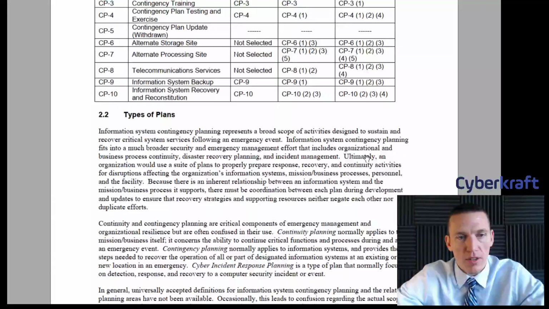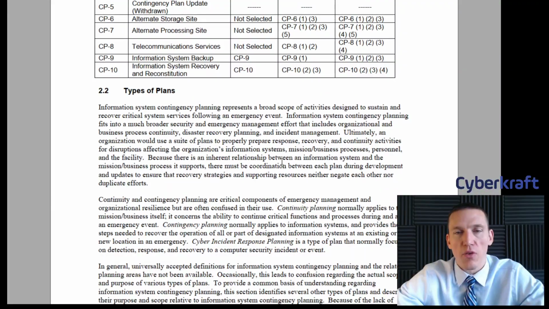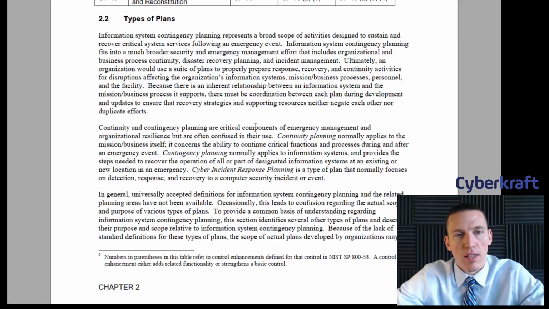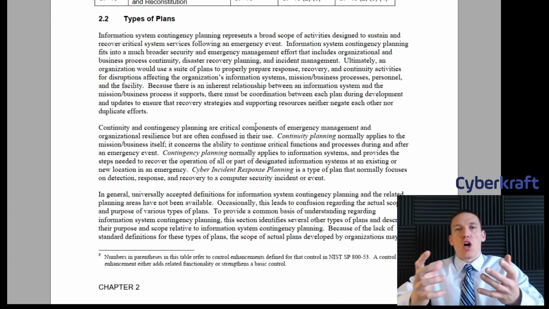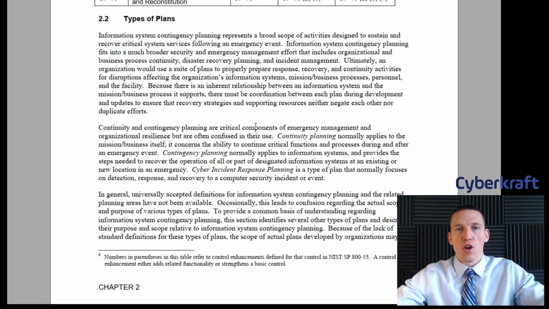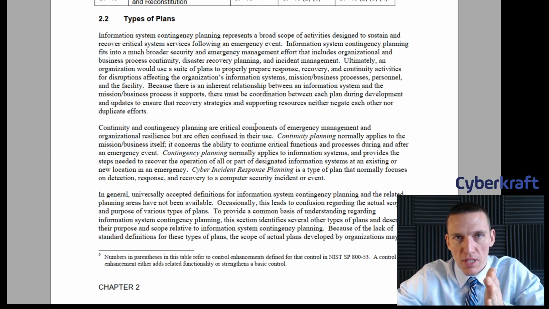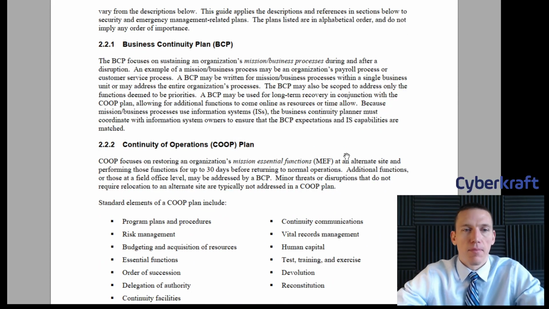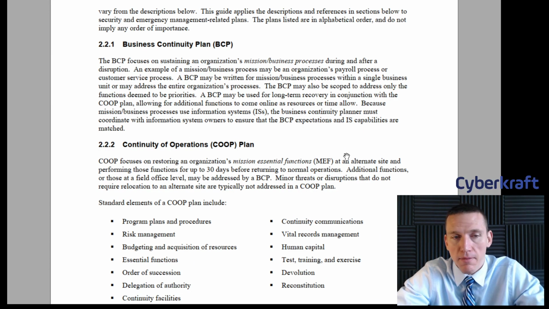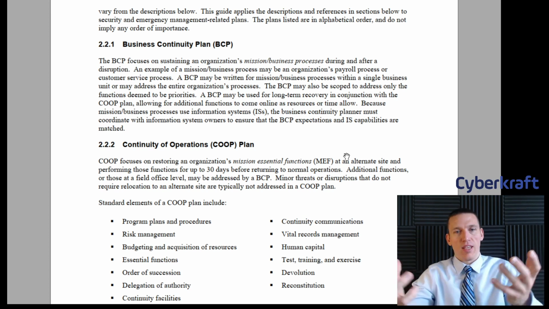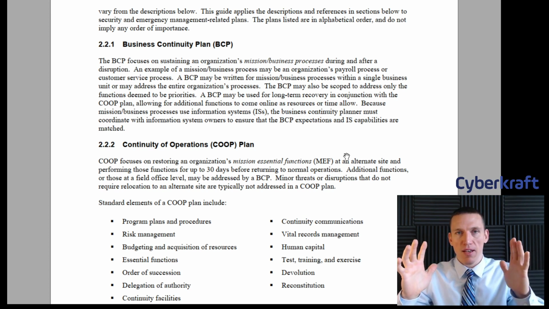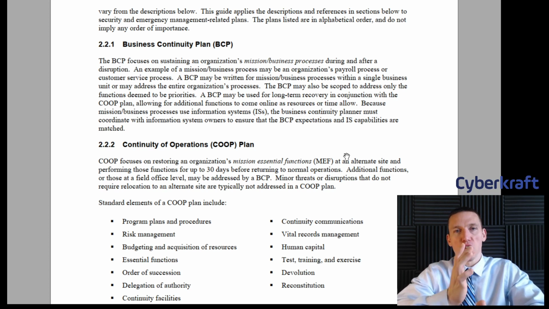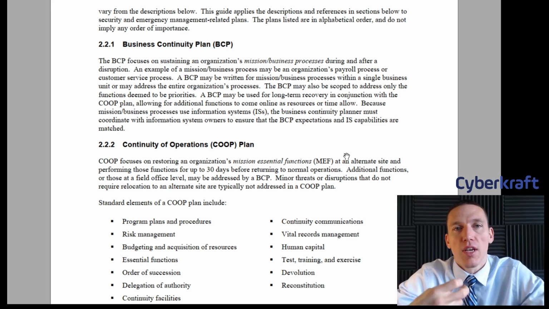So we have here types of continuity plans. Okay. And we talk about business continuity as an overarching term, and then when we want to talk about specific plans, this is how you get a good understanding. So you have a business continuity plan, which is the business's main functions or processes and how to keep those alive and sustainable.